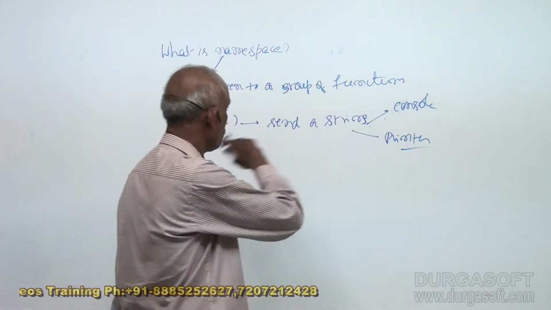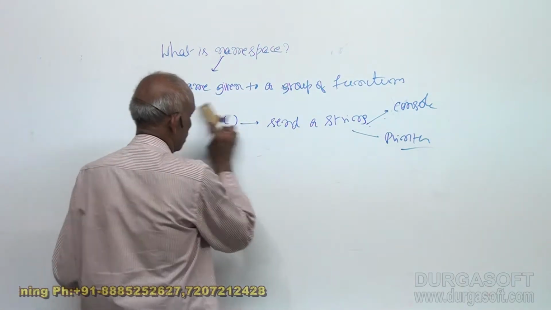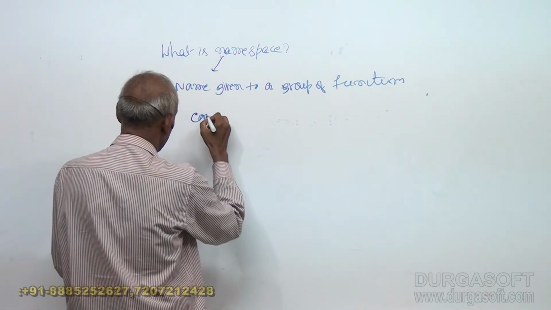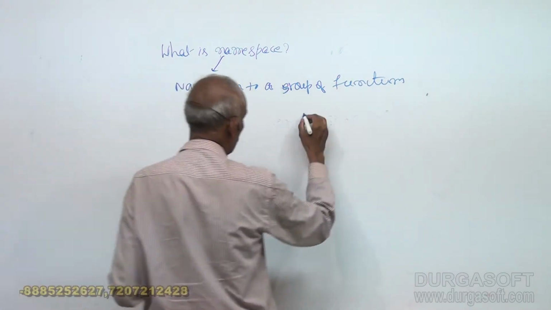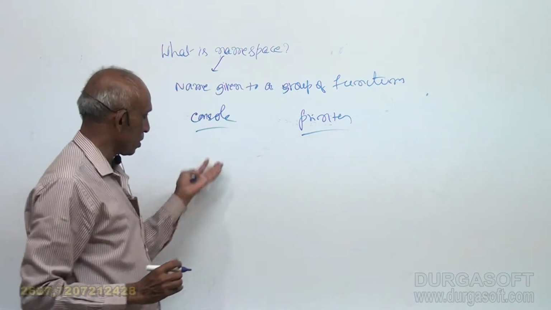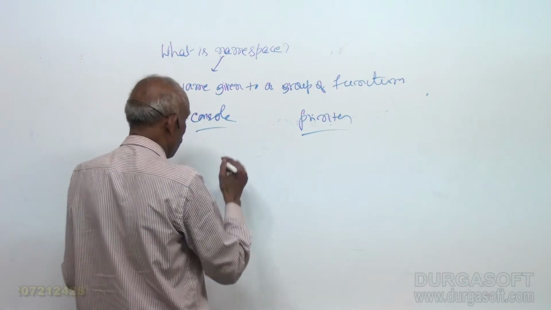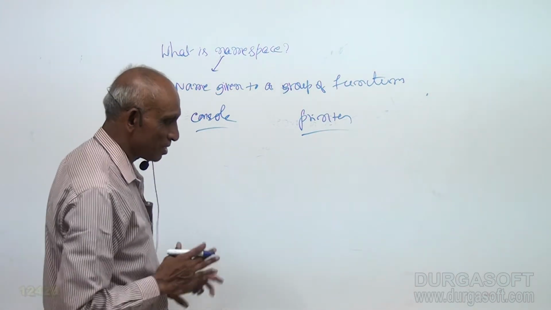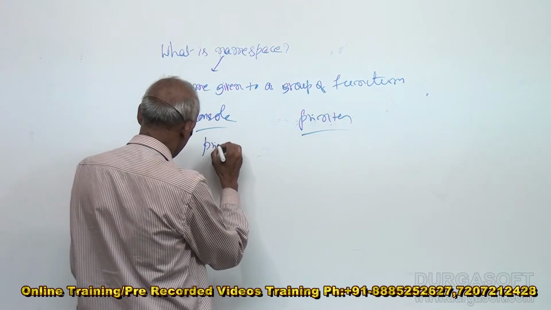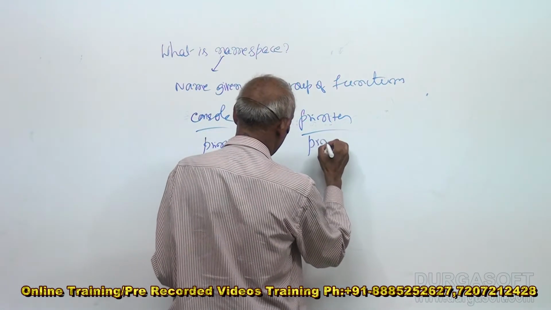So in the console group, this function is present. I will rewrite this. There are two groups of functions. One is the console group, the other one is the printer group. The console group has some functions, the printer group has some more functions. One function is common: a function called print, and here also there is a function called print.